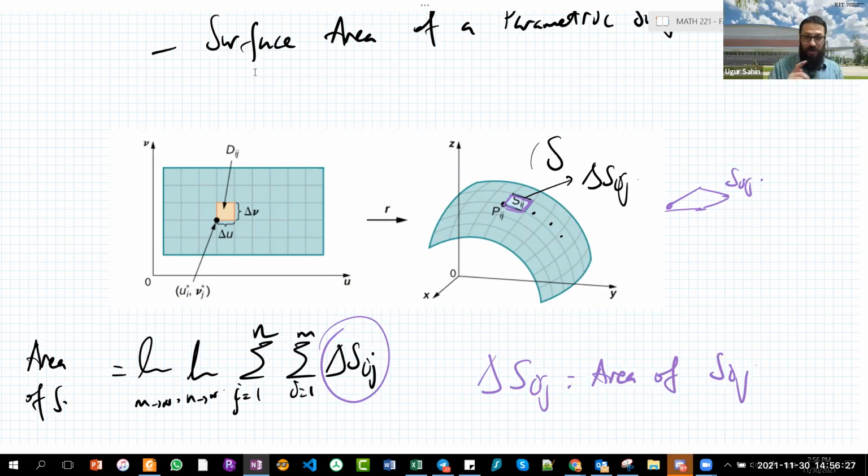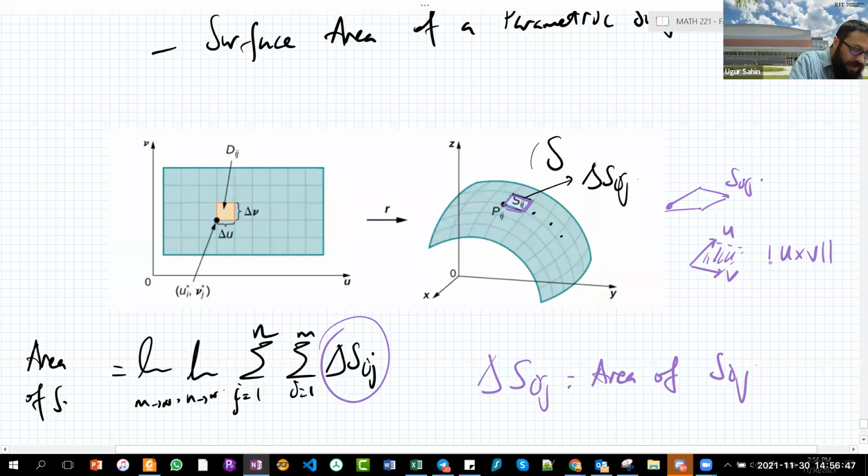Okay, let me remind you one more time. If you want to calculate the parallelogram area, you need two vectors. And look at that, this parallelogram area can be calculated using the cross product length between two vectors.